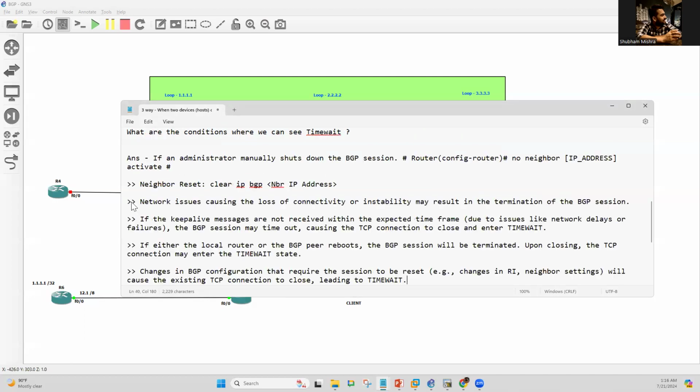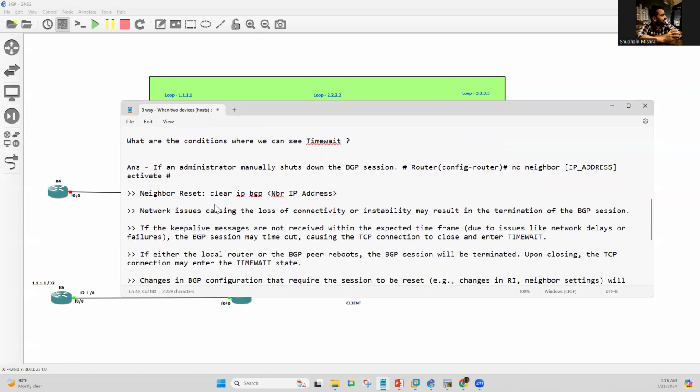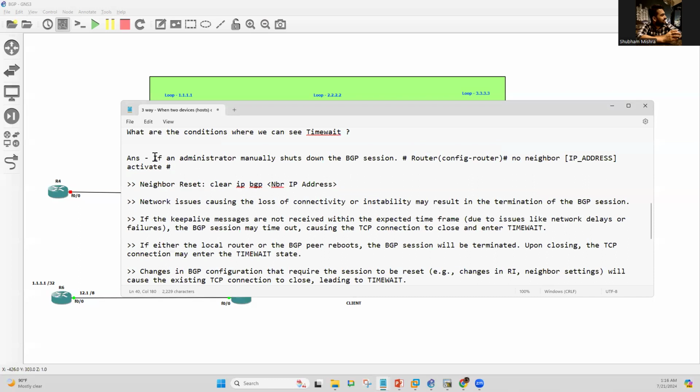Okay. Please find it. Who can read it? If the administrator manually shuts down the BGP session, in this case you guys will find the TIME_WAIT condition.